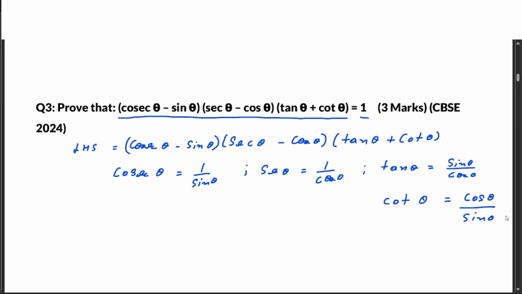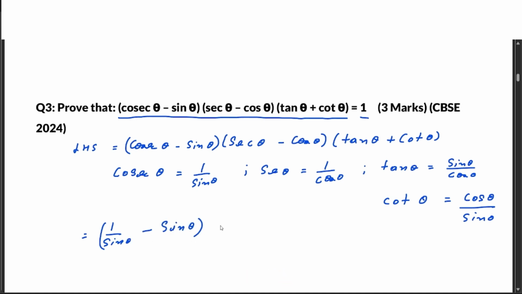So now we have to substitute every value, so our whole equation will come in the form of sine theta and cos theta. We can substitute the values: 1 by sine theta minus sine theta.